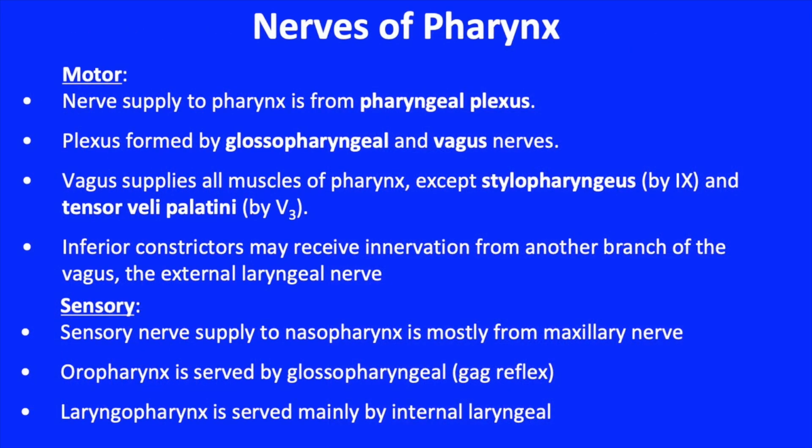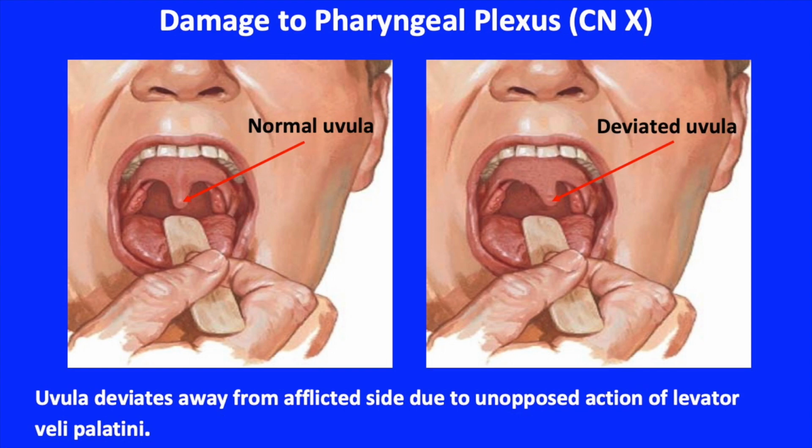I now also list the motor and sensory supply of the pharynx so you have it handy and can review it. In this way, you'll be able to understand what can possibly be going wrong when a patient is having difficulties swallowing.